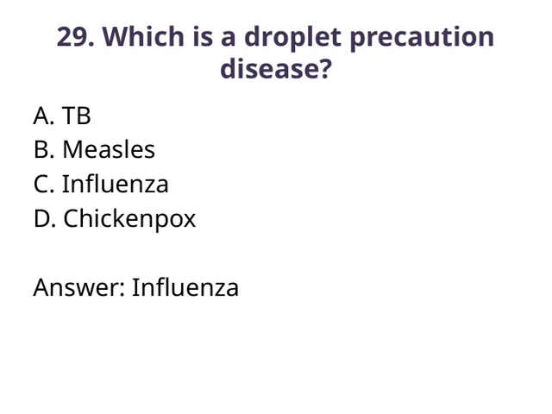Measles and chickenpox are also airborne diseases, needing airborne precautions. So, to answer the question directly, influenza is the disease among these options that is classified under droplet precautions. This highlights the importance of understanding transmission modes to implement the correct protective measures in healthcare settings.